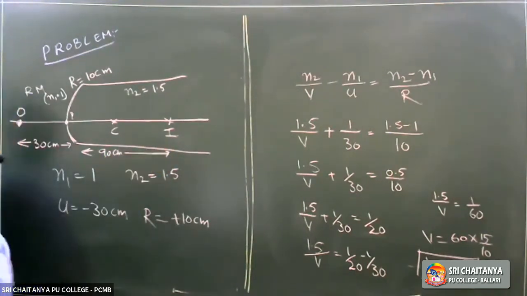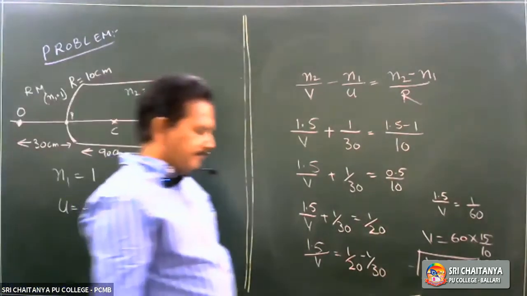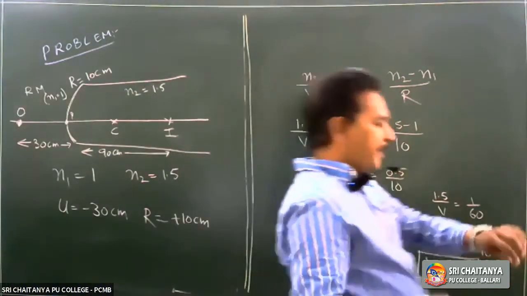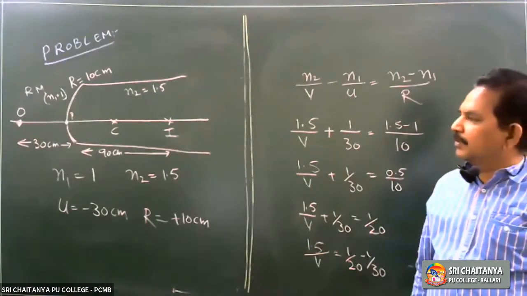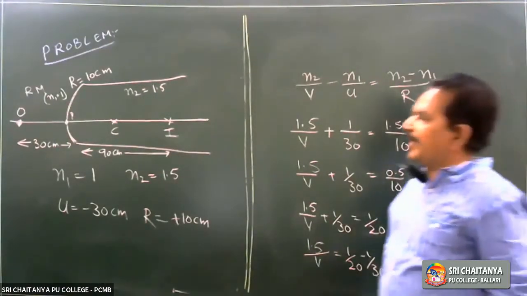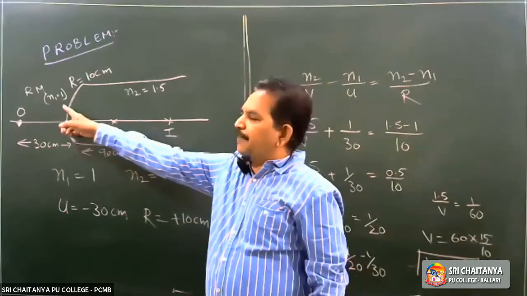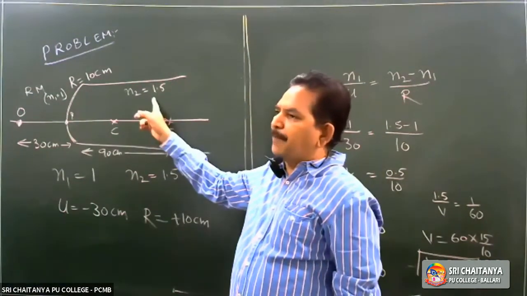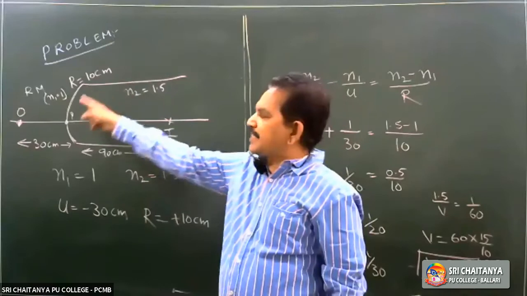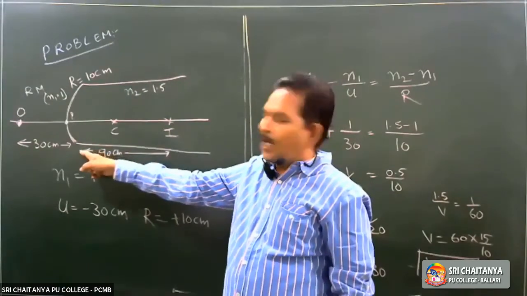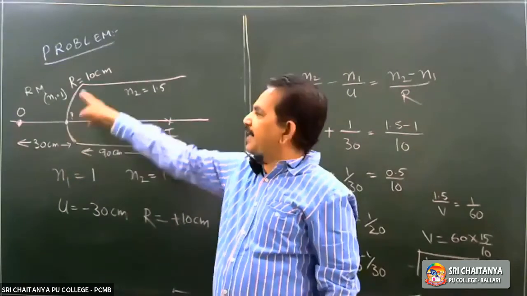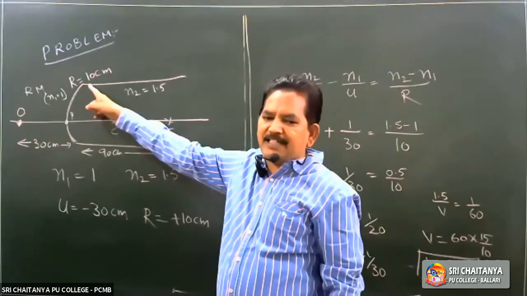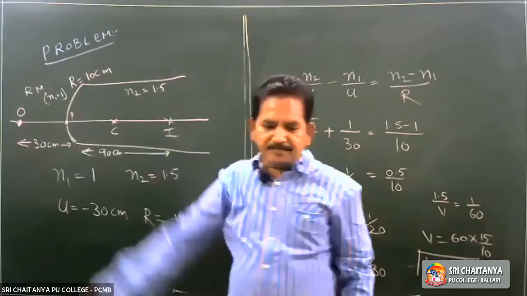Like this, we can solve the problem on the spherical surface. What is the problem given? Refractive index of air 1, refractive index of glass 1.5, convex spherical surface, object distance 30 centimeters, radius of curvature of the spherical surface 10 centimeters.